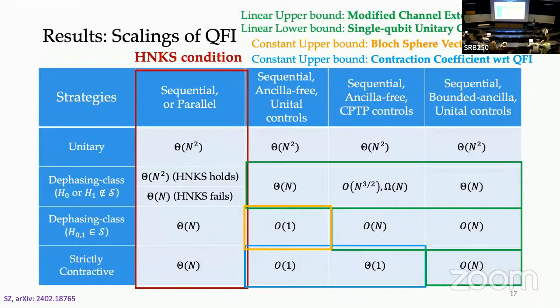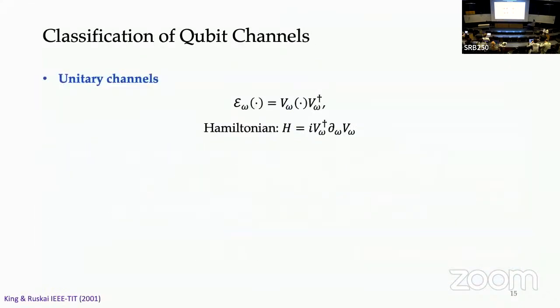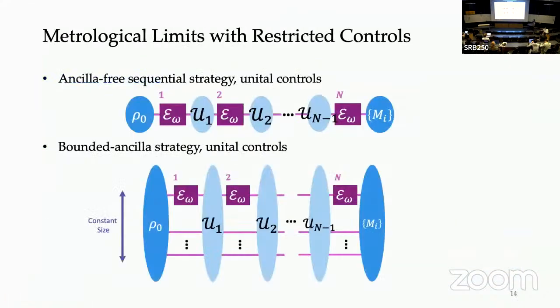All right, very nice. Can I just ask, for the dephasing class where the HNKS holds, between the sequential ancilla-free and the sequential, is just taking away the ancilla the only thing you're doing? So you mean the first and the second column? Yeah, I'm taking away the ancilla, and I also assume you can only do unitary control.